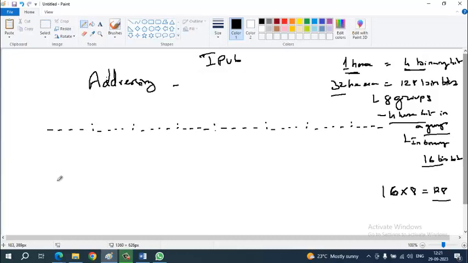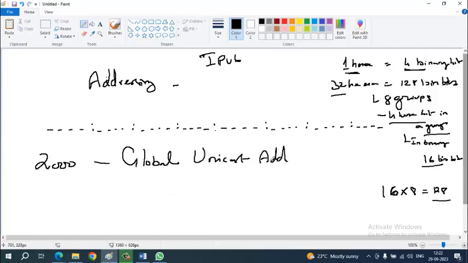This address type starting with 2000, we call this global unicast address. There is a special reservation for multicast. For unicast communication, we use only the address that starts with 2000. As of now, only 2000.